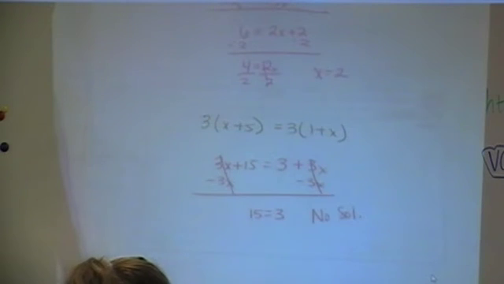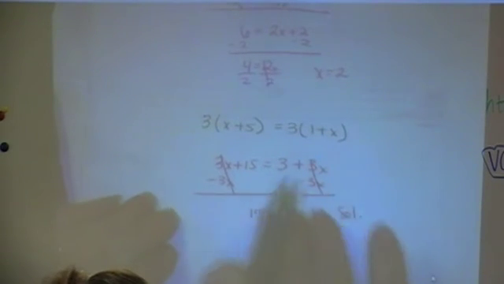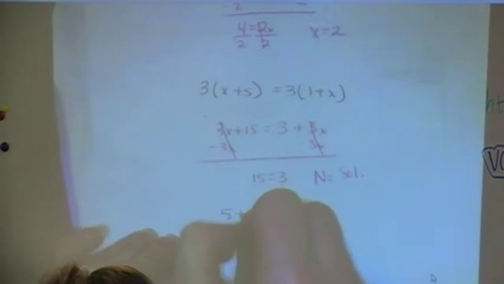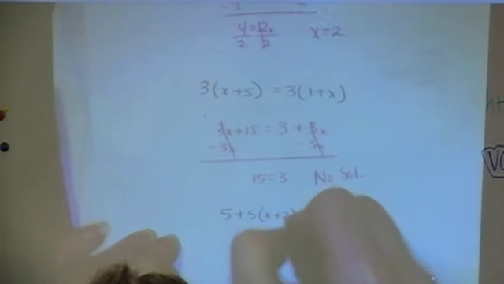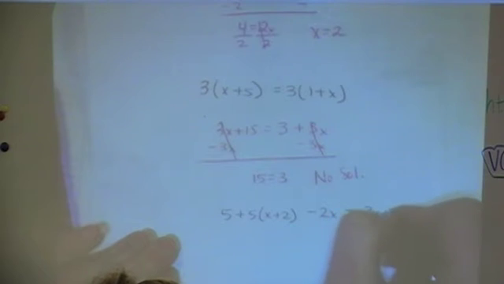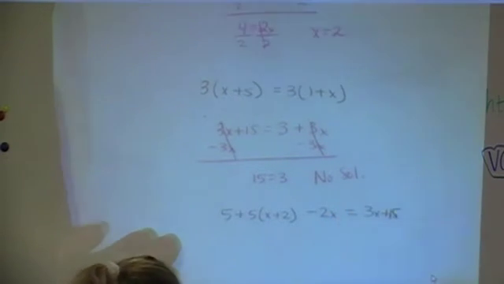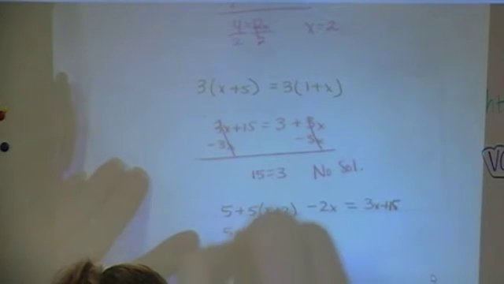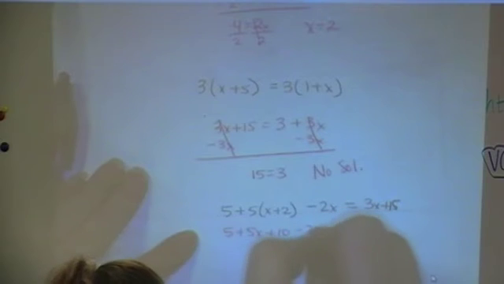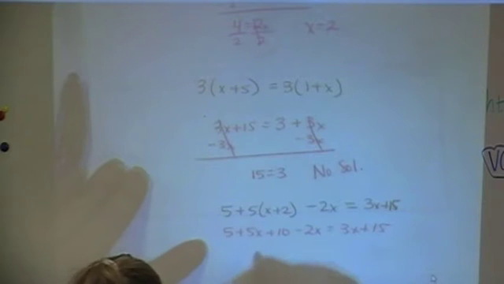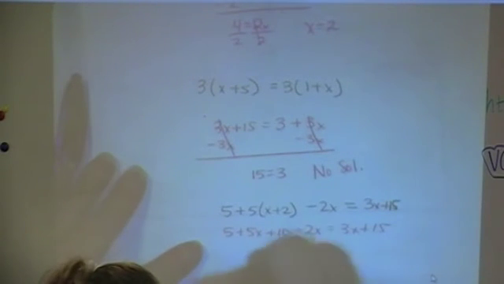However, if you get one like this, let's see, and I solve this one out. So I'm combining like terms, 5x and minus 2x is 3x, 5 and 10 is 15.